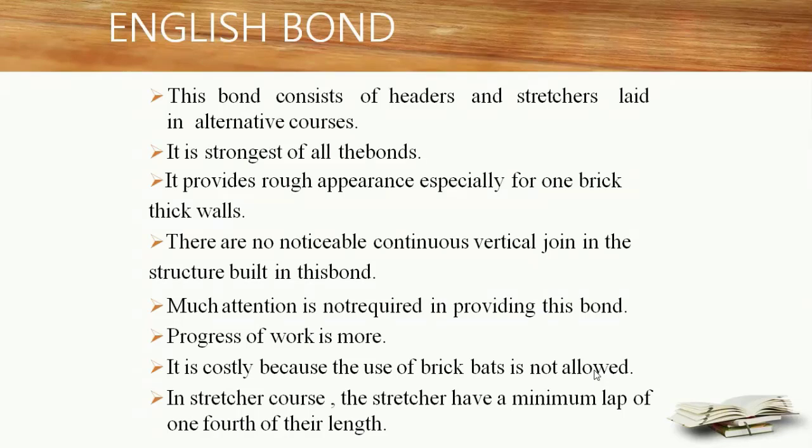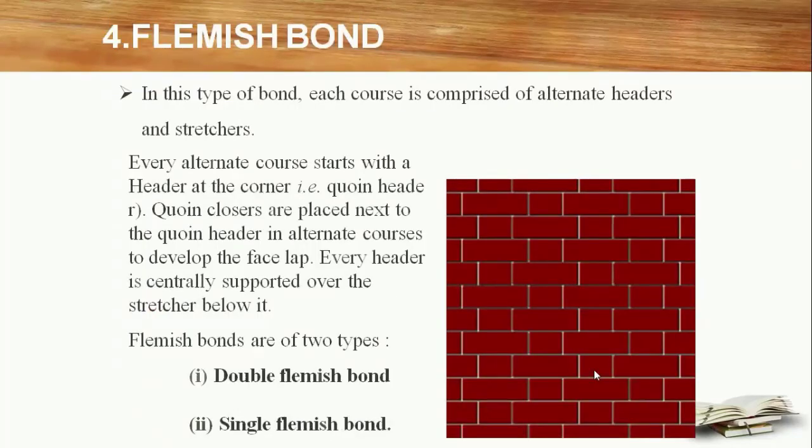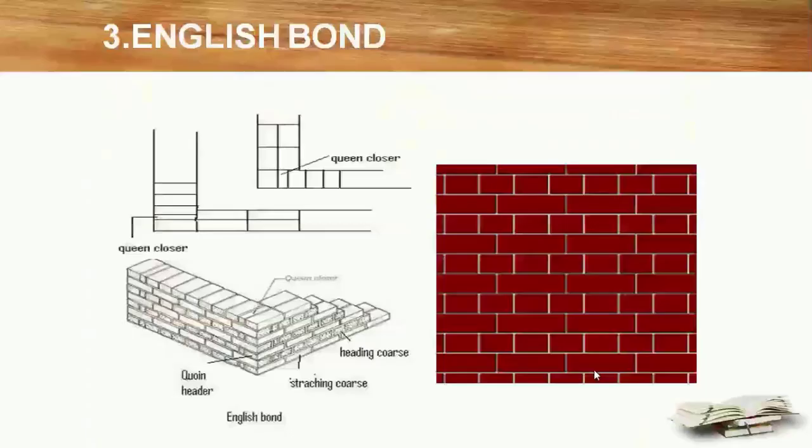To break the continuity of the vertical joints, a queen closer is used at the beginning and end of the wall after the first header, as you can see in the figure. The figure shows a typical one brick and 1.5 brick wall with the English bond.